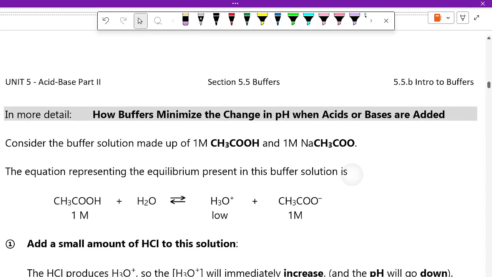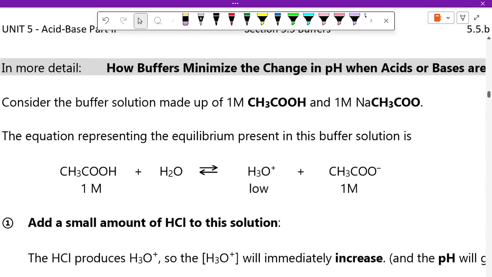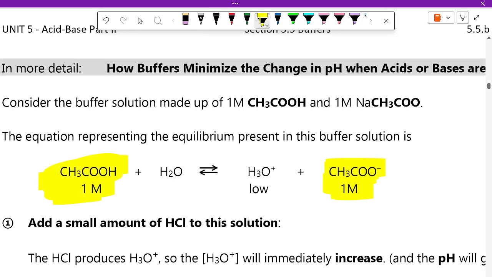So what we have here is our high concentrations here and here, and the hydronium concentration is low. And now we're going to add a small amount of HCl, so we have H3O plus increasing. That's going to be a stress, so it's going to spike up.